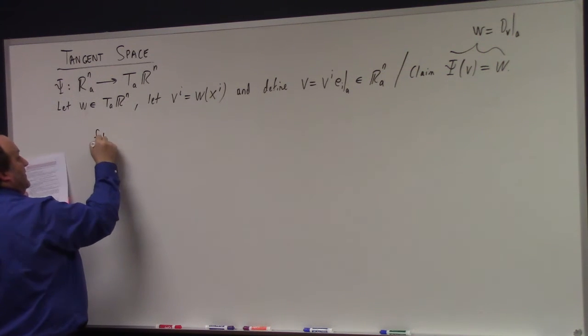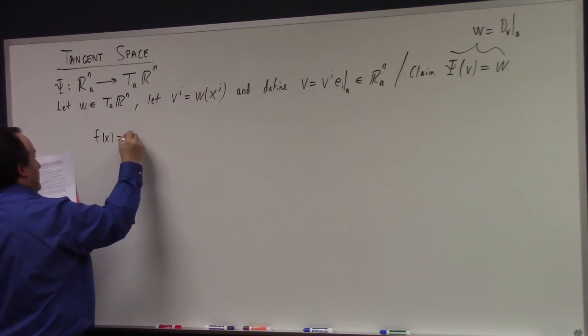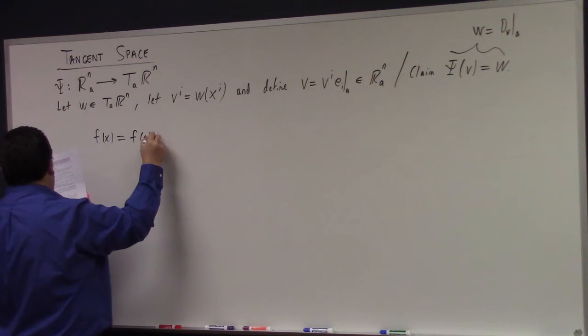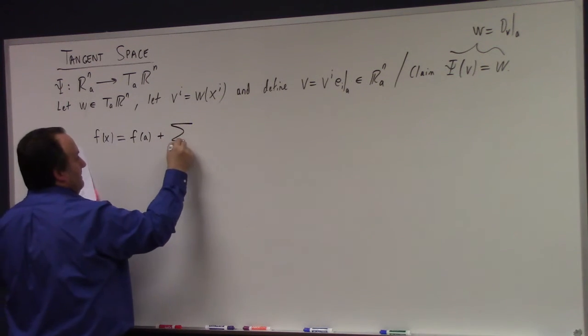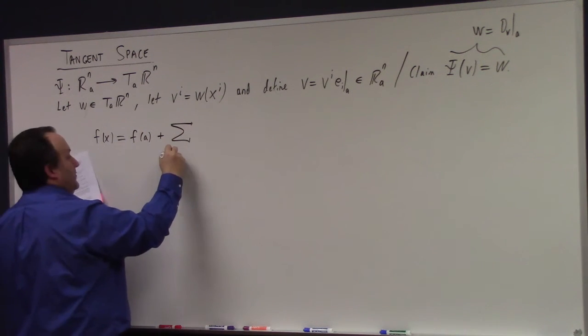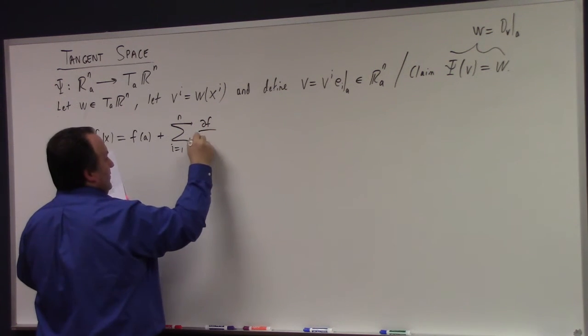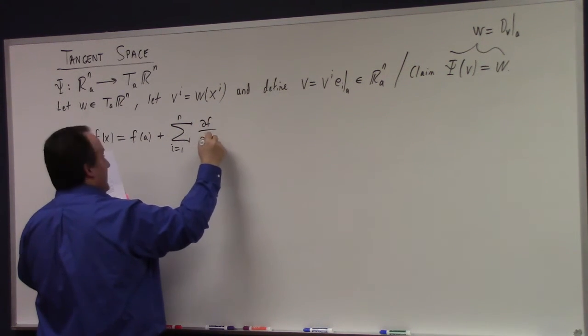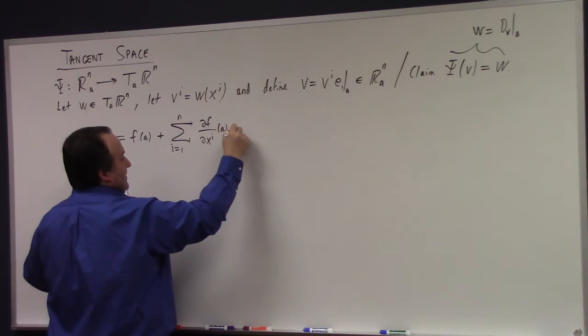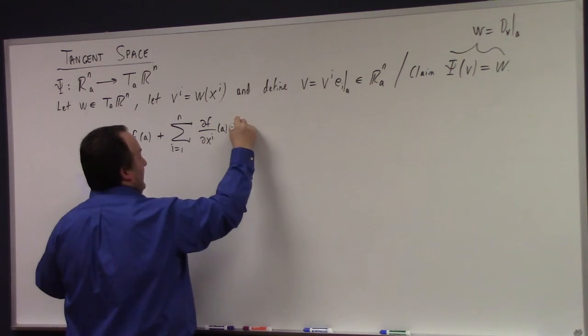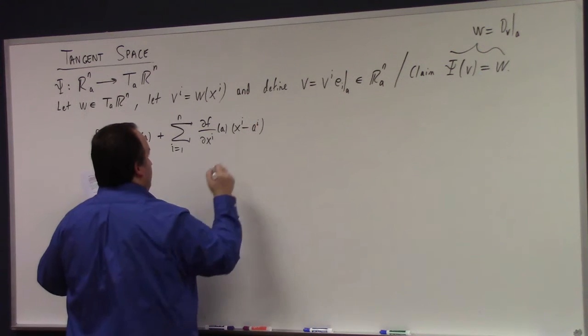F of x, a smooth function, can be written as f of A plus the sum I equals 1 to n of partial f partial x upper I at the point A times x upper I minus a upper I. All right.